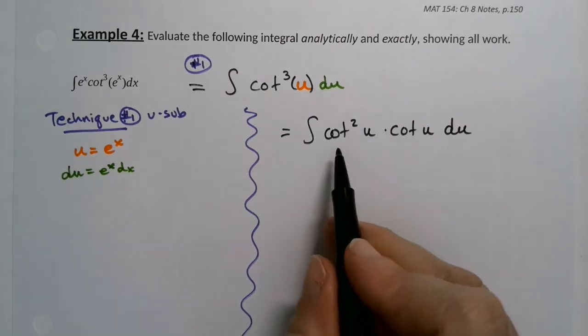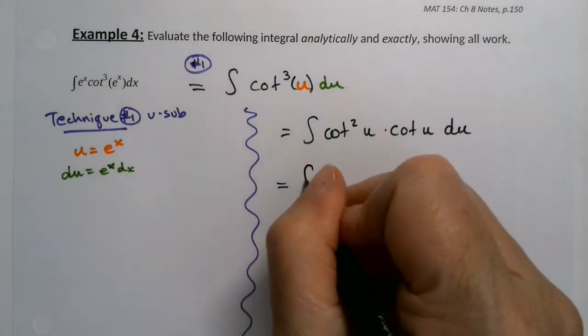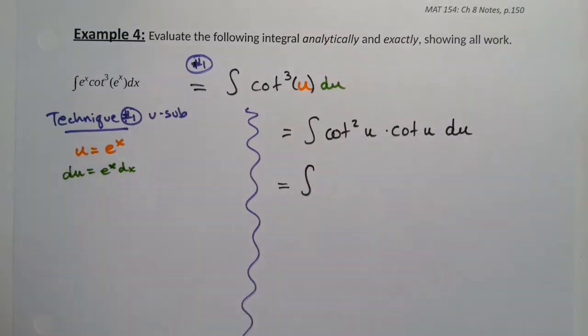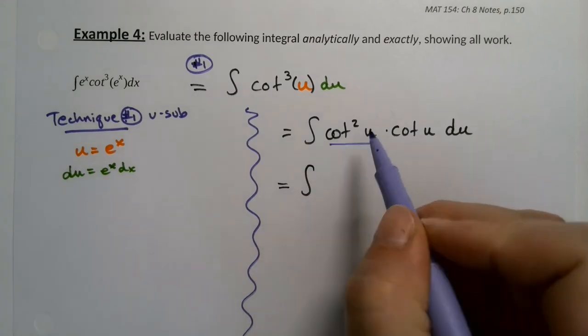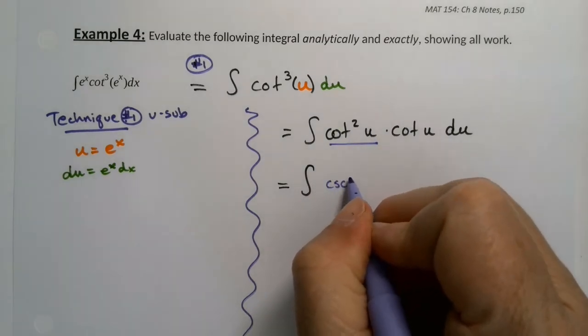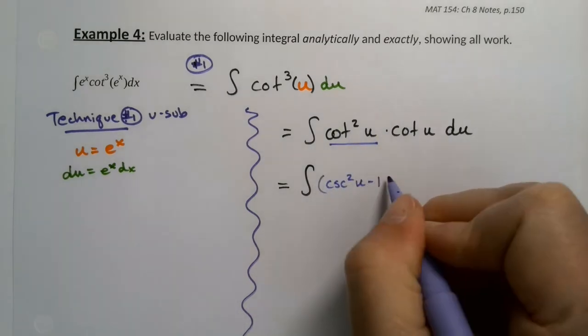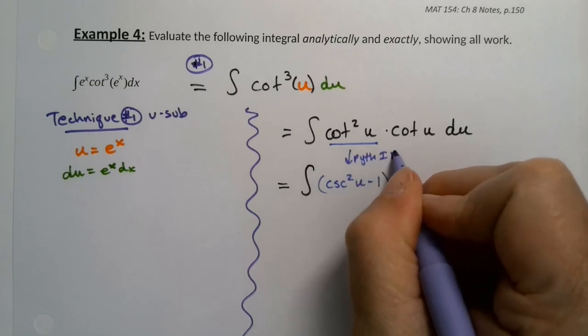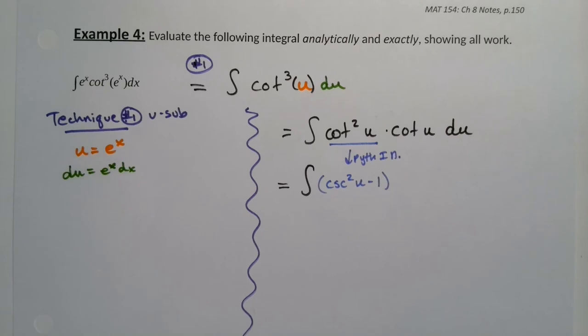Now, why would I do that? Well, because we have a technique that says, hey, break out cotangent squared and then rewrite cotangent squared as cosecant squared minus 1. So this is cosecant squared of u minus 1. That's the Pythagorean identity. This is that powers of cotangent and cosecant method.